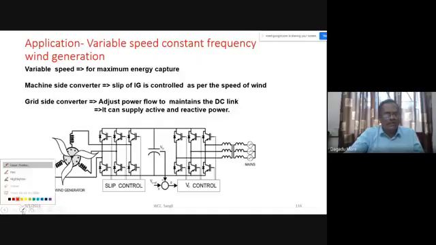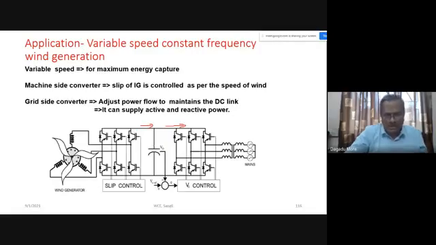I'll just try to sketch this out. The power coming from the wind turbine is given by this, whereas the power going to the grid is given by this. Let us assume there is a mismatch.